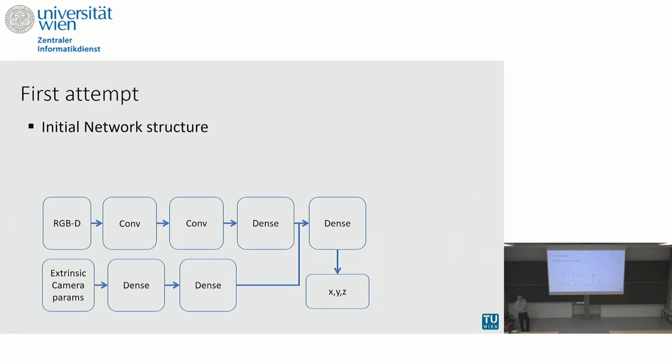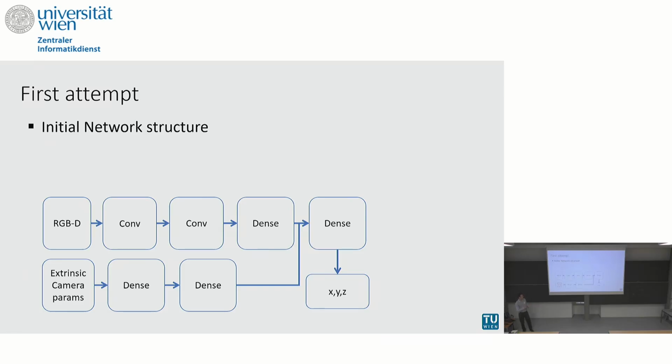But the idea was that we put our RGBD data here. We have some convolutional layers, which are typical in neural networks for computer vision. Then we have some dense layers. And we wanted to have also a second head here, which takes the extrinsic camera parameters, so namely the position and orientation of the camera with respect to the marker.